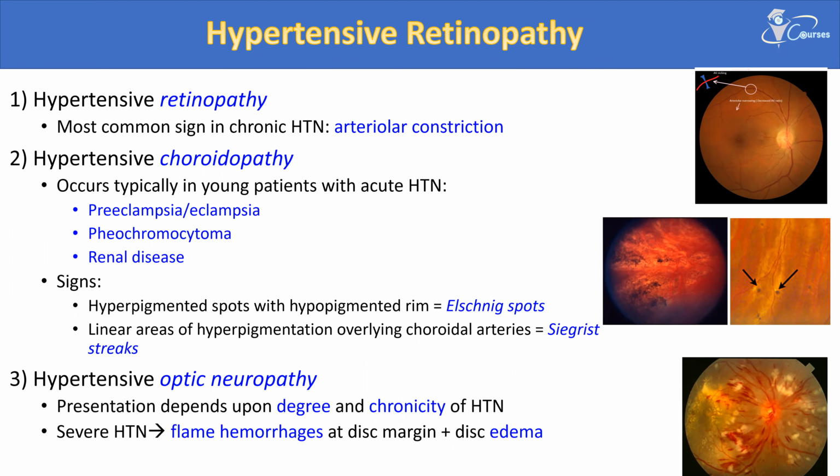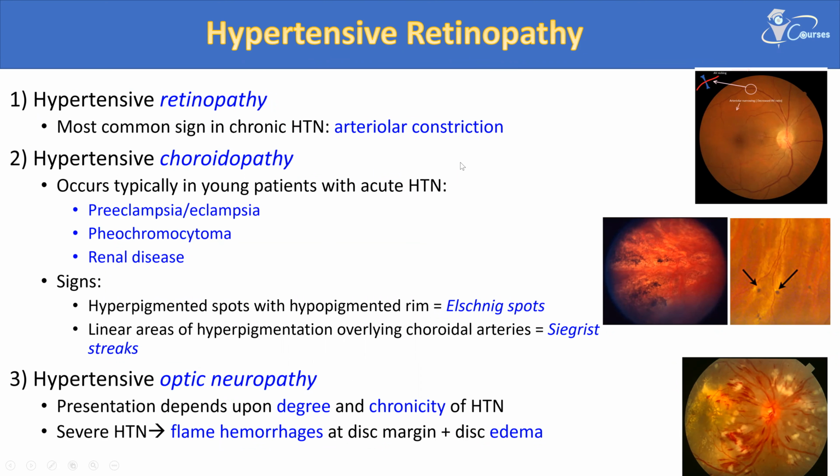Regarding hypertensive retinopathy, the earliest sign in hypertension is arteriolar constriction. So the arterioles will be constricted or narrowed, showing what's called arteriovenous necking. There is a neck between the arteries and the veins at the arteriovenous crossing. This will be the commonest sign in chronic hypertension.